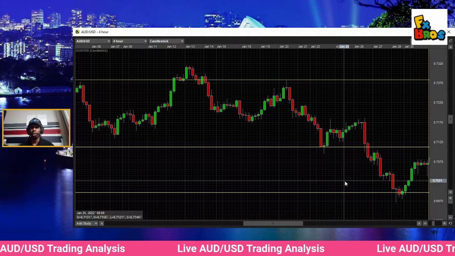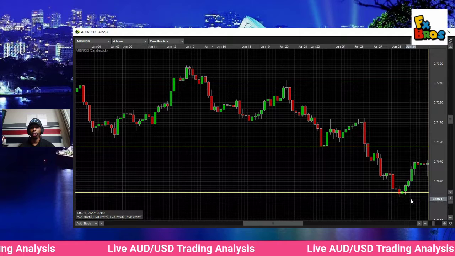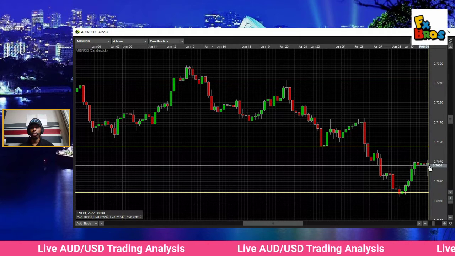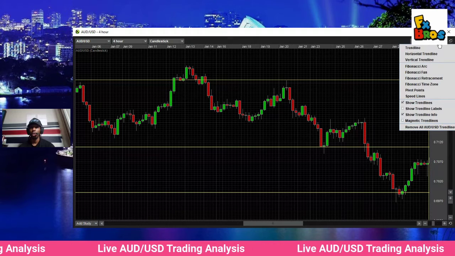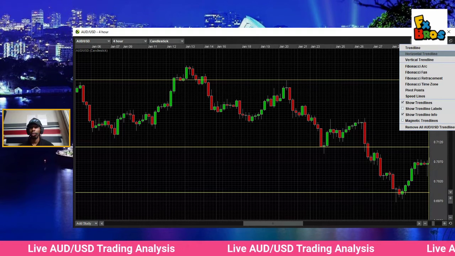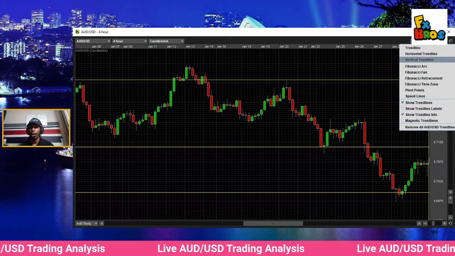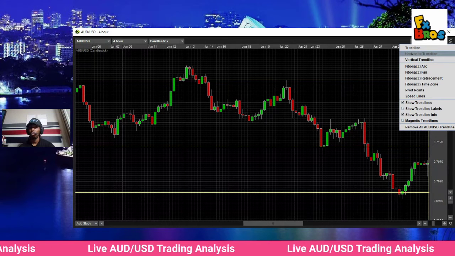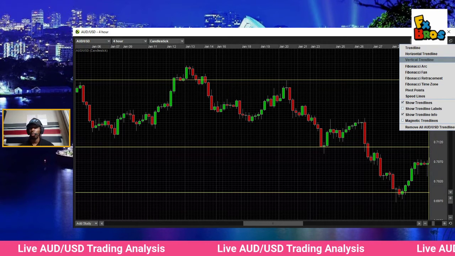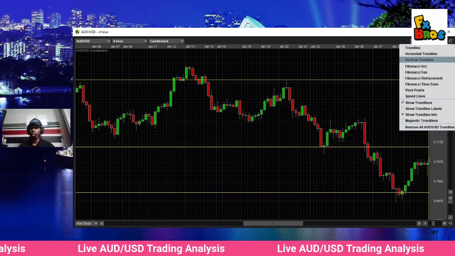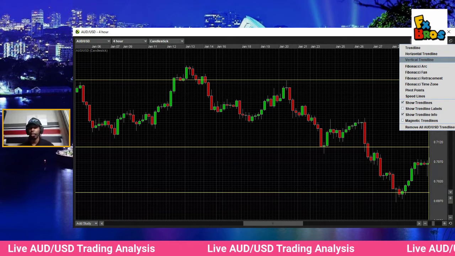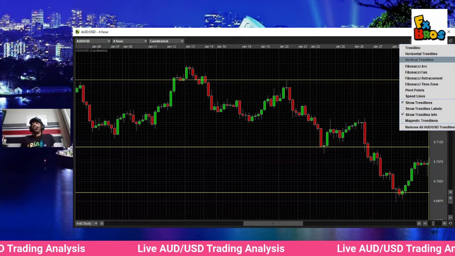So with that being said, from this point right here, we can easily create a zone. The zone is basically a high and a low. And for the purpose of this video, I'll show you how we draw zones, so we can show where we would exactly look for a trade.